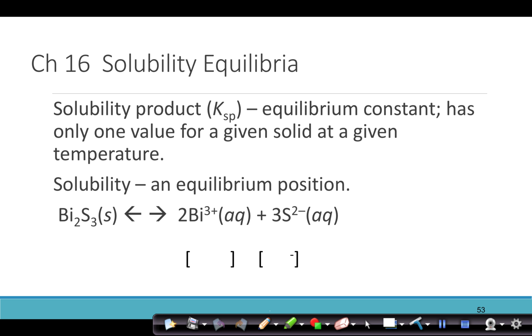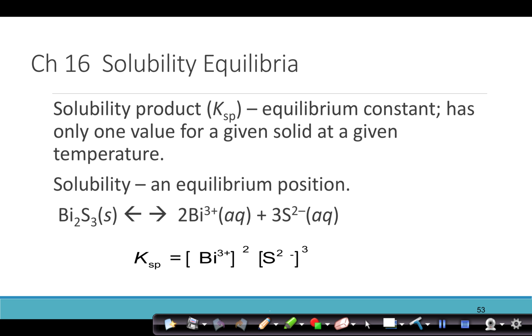And if we talk about this compound Bi2S3, which would be bismuth sulfide, when we put it in solution, there's going to be a certain amount of bismuth ions compared to sulfide ions that are able to be dissolved. And that's going to be based on the value of the KSP.